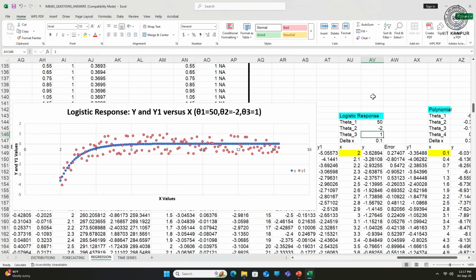Now, what is interesting is that in this case, for a positive value of theta 3, how the curve will shape up and asymptotically go to 0 in the long run is now being dictated by the theta 2 value, because it is negative.